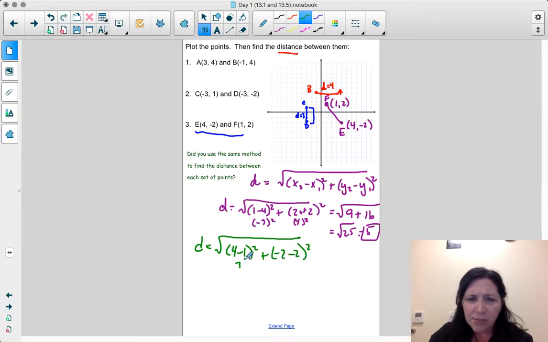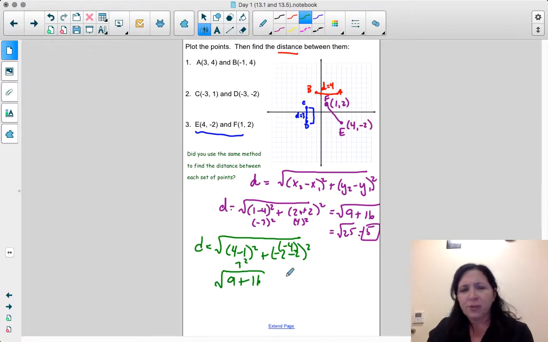That's 3 squared, which is 9, plus negative 4 squared, 16. 9 plus 16, the square root of that is 25. So either way, you're going to get the distance is equal to the square root of 25, which is 5.